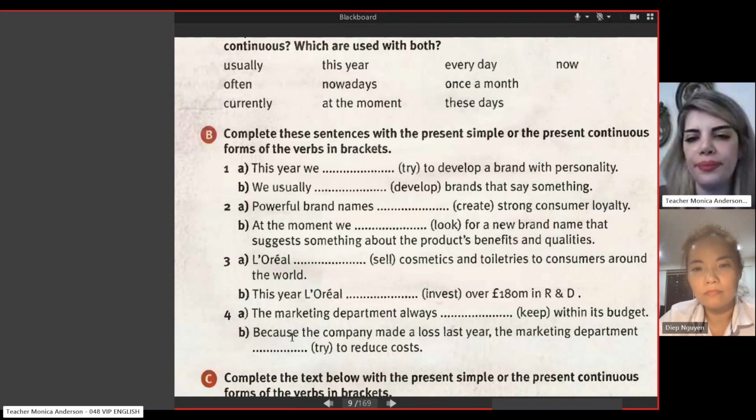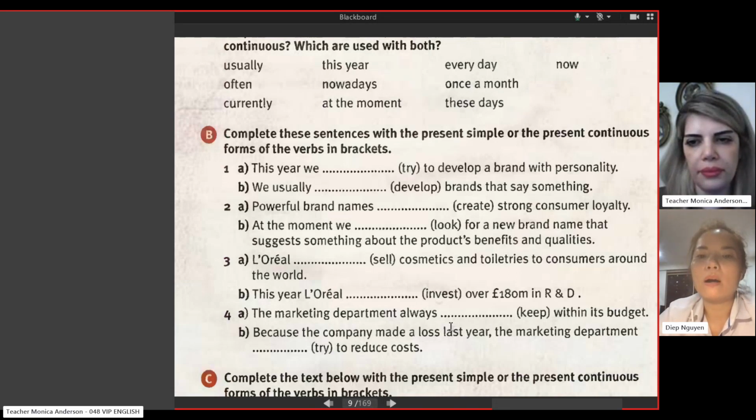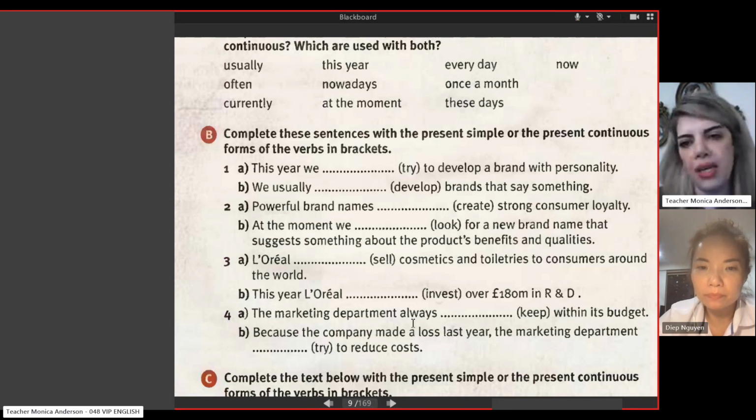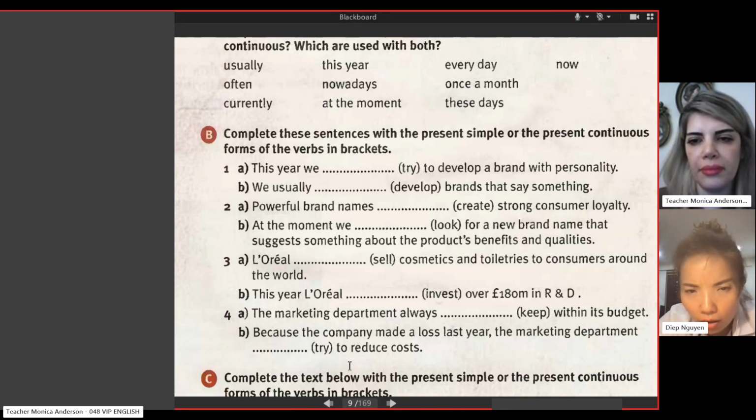Number four. The marketing department always keeps, or keep, of course, because the company made a loss last year.